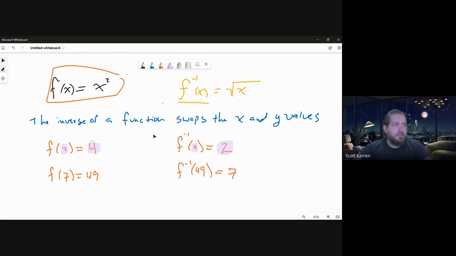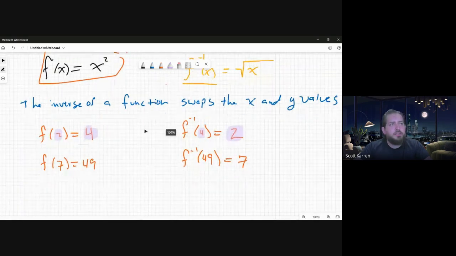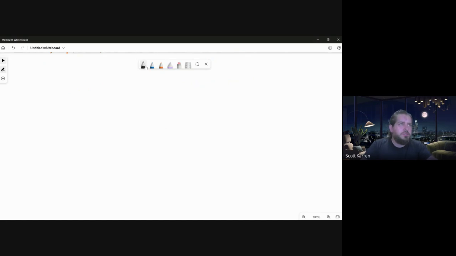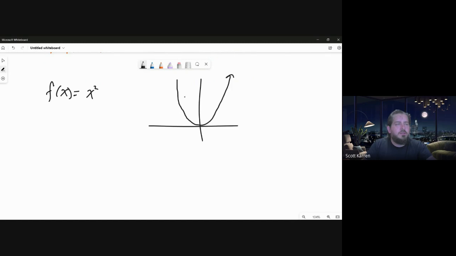Now, when we start taking inverses, I can see things such as, let's use that function we just did, f of x equals x squared. Now, obviously, if I graph this thing out, it becomes quite clear. That's my graph. If I just take a few samples, there's a point 0, 0.